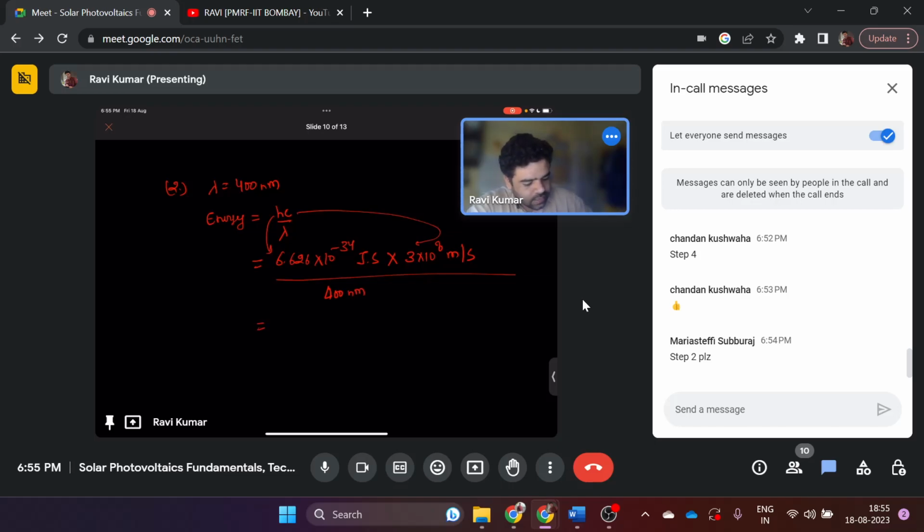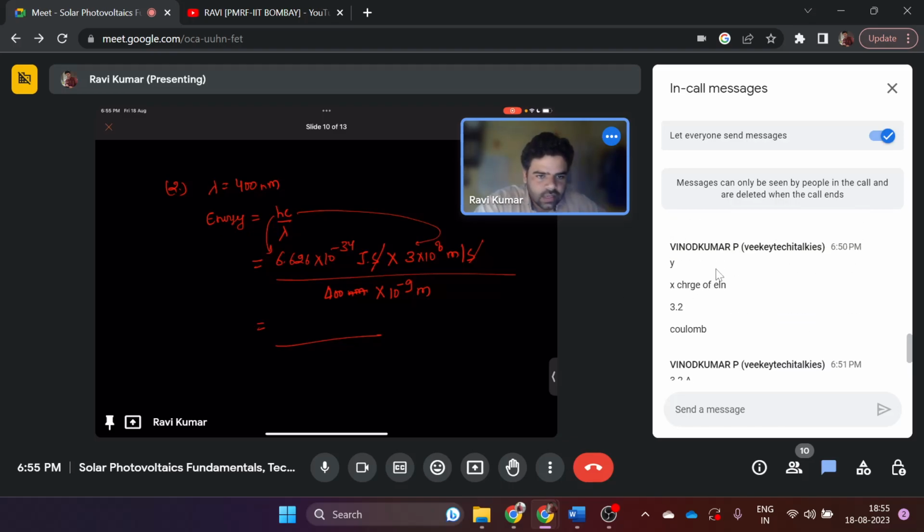Just this second will go and this nanometer is converted into meter, 10 to the minus 9 meter. So there is no nanometer anymore. Just calculate it, you will get the energy of a single photon. What was that? Let me just see.